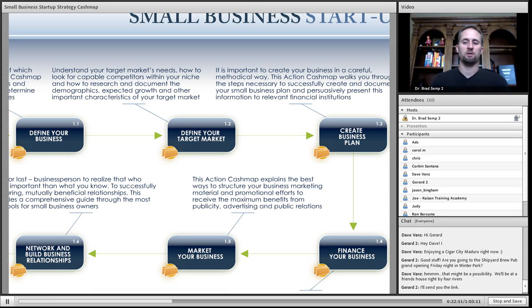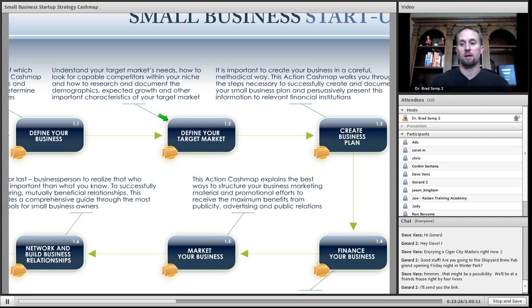The better that you can define your target market, the better you're going to be able to market to them, and the more revenue you're going to be able to create. So that's what we get into with Action Cash Map 1.2, Define your target market. Right here is doing just that. If there's one tip that you can take away from this tonight, it's to think about the avatar for your target market, and you want to define that.